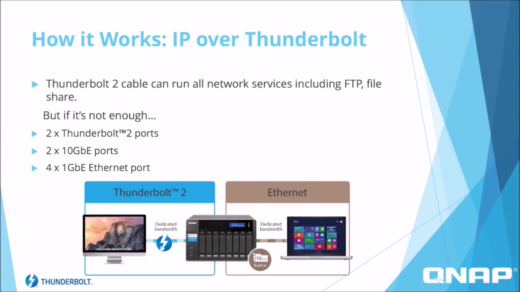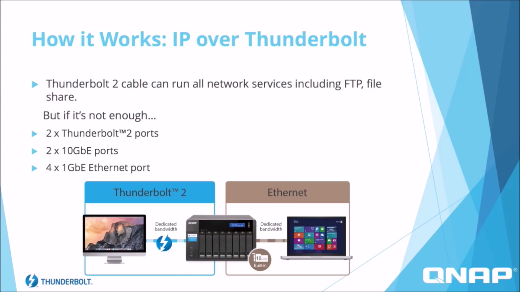So how does it work? Well, it's IP over Thunderbolt. It's been a couple years in the making. We've perfected it, and this is what we have now. Thunderbolt 2, the cable can run all network services, including FTP file sharing, and that's over the Thunderbolt. But if that's not enough, you can utilize the two Thunderbolt 2 ports, the two 10 gig ports, or the four 1 gig Ethernet ports.